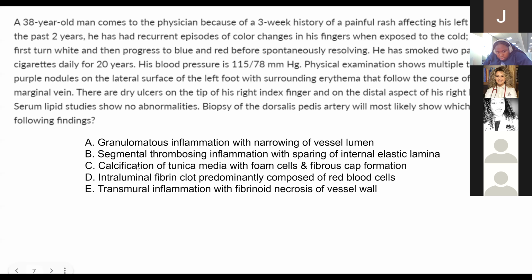I'm just going to say the answer is B, and we'll walk through it. But for the people who did choose B, if you want to say why you chose B, like what about the presentation made you choose B? But if you guys don't want to speak, it's also okay. I can also walk through it.